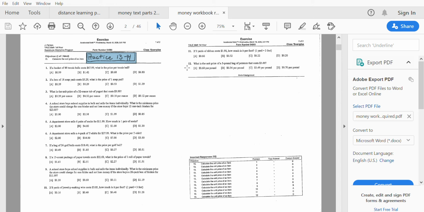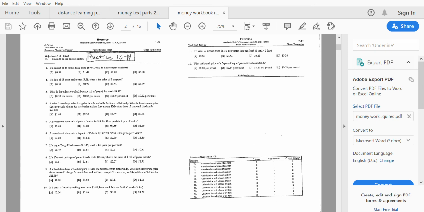Maybe it's all 12, maybe it's 6, but do however many you need to do until you feel you know how to do it. Okay, answers are down here. You do not need to turn this in to me or anything like that. You are to practice it and see if you understand what to do.